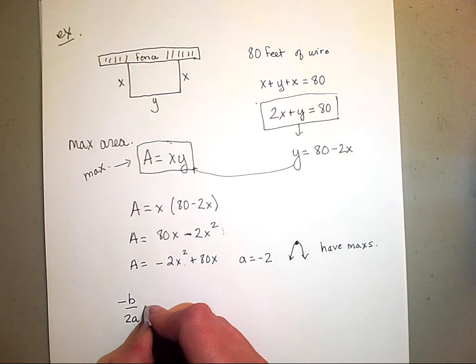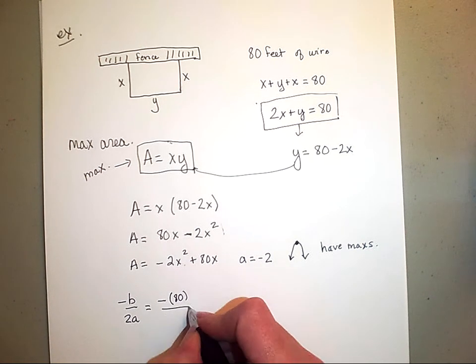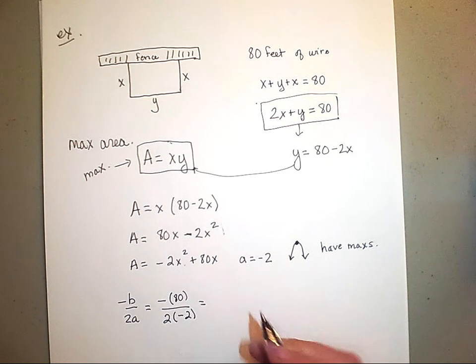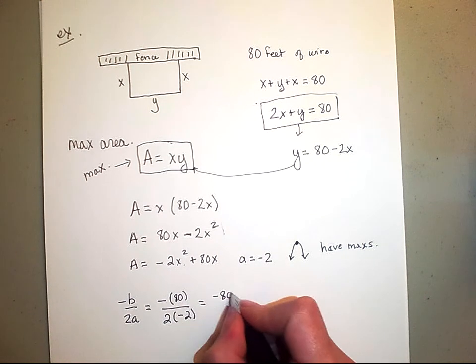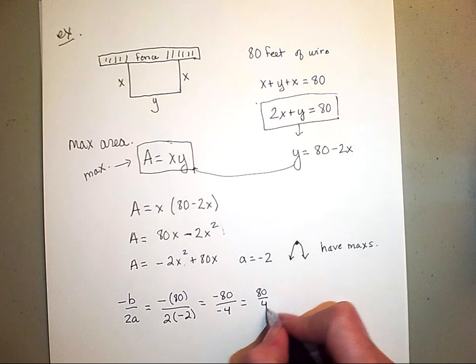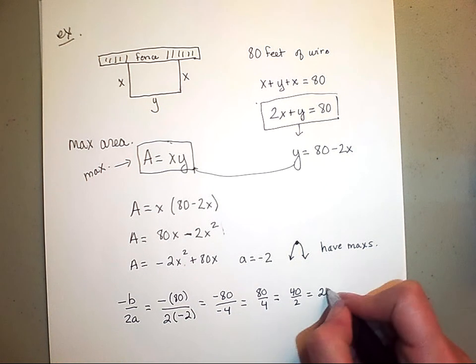Negative b over 2a is negative, and b is 80, over 2 times a, which is negative 2. So this is negative 80 over negative 4, which is just 80 over 4, which is 20.